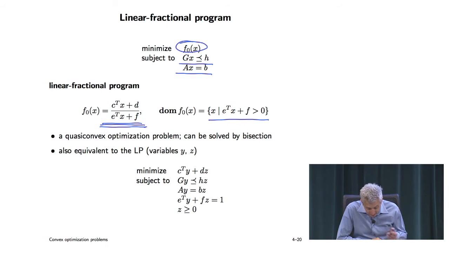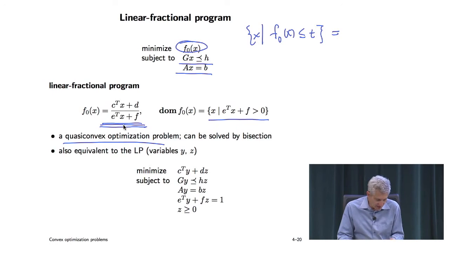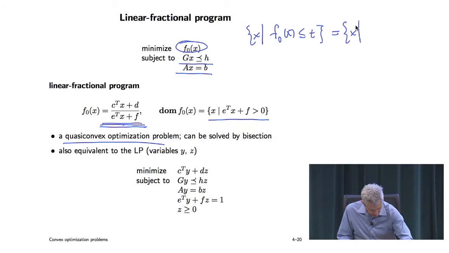How do we know that? Well, all we have to do is look at what it means to say that f0 of x is less than t, right? There's the sublevel set here. And f0 is this ratio. The denominator is positive. So that's the set of x for which, and I should add that, the denominator is positive, right?